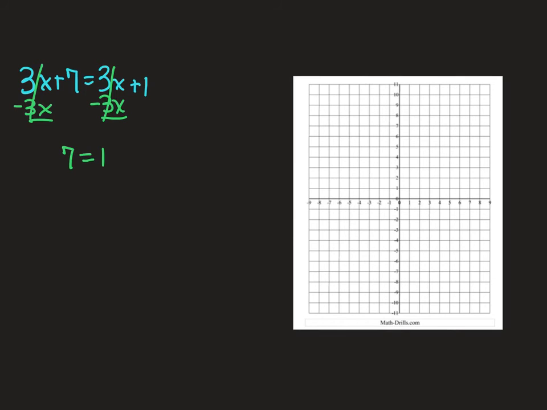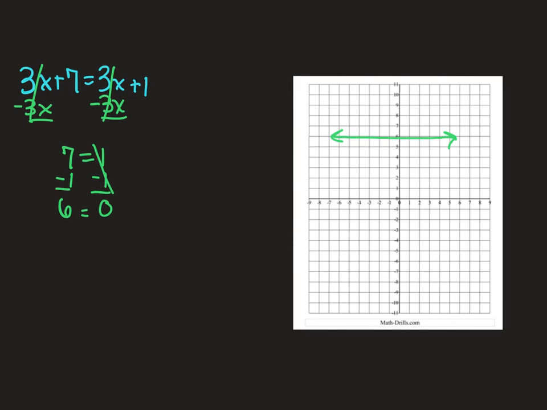So I'm going to need all of my numbers to be on one side. I need one of these sides to equal 0. If I say minus 1, now I have 6 on the left and 0 on the right. That means that this is a horizontal line at y equals 6.